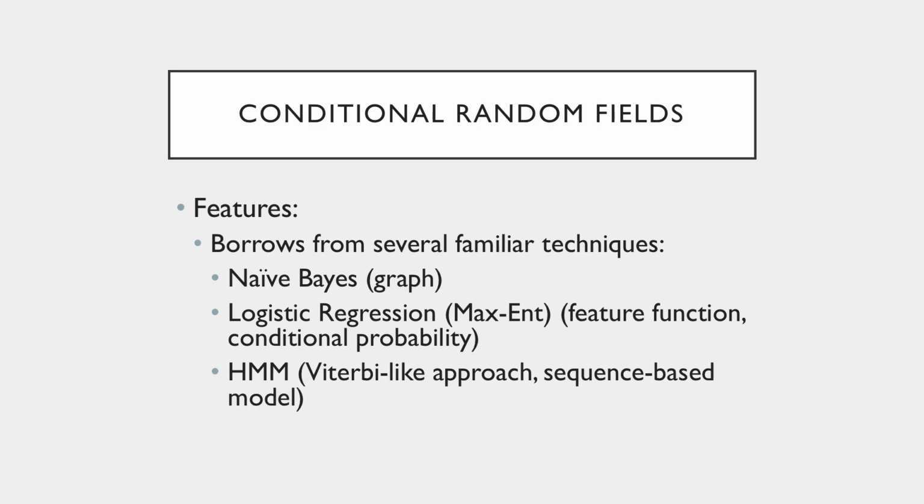They also share a lot with hidden Markov models, in that the algorithm is very similar to the Viterbi algorithm, and they yield a sequence-based model, like how we considered the sequence of hot and cold days given the sequence of ice creams eaten. So now we're considering the sequence of recipe tags based off input phrases.